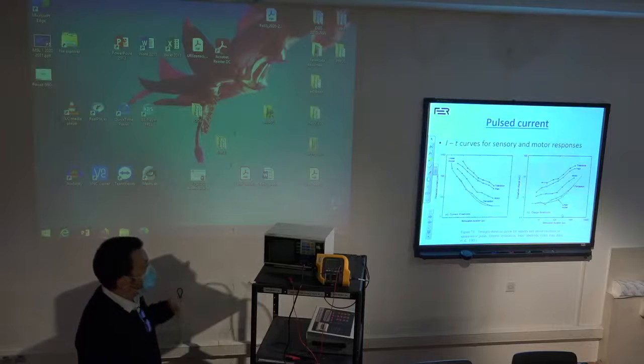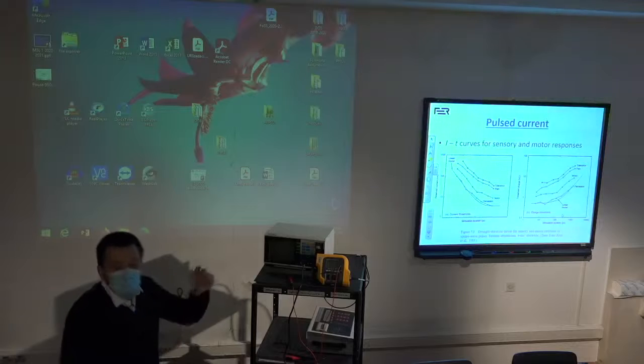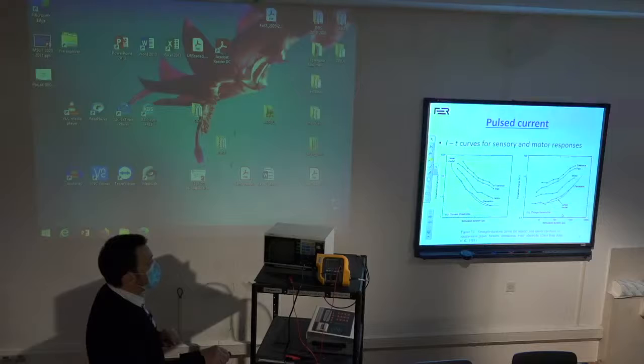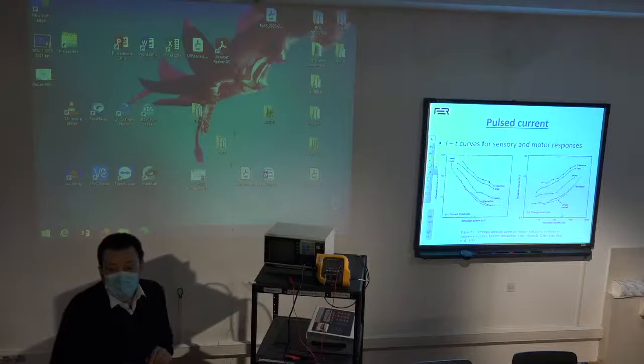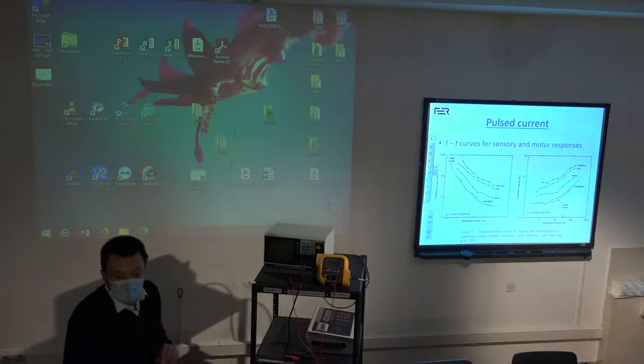So when we speak about the IT curve or strength duration curve, then we have the stimulation duration and the threshold or the amplitude of the current. What you can see here is that firstly, if the energy of the stimulating pulses is low, you do not have any feeling of the current flowing through your body.